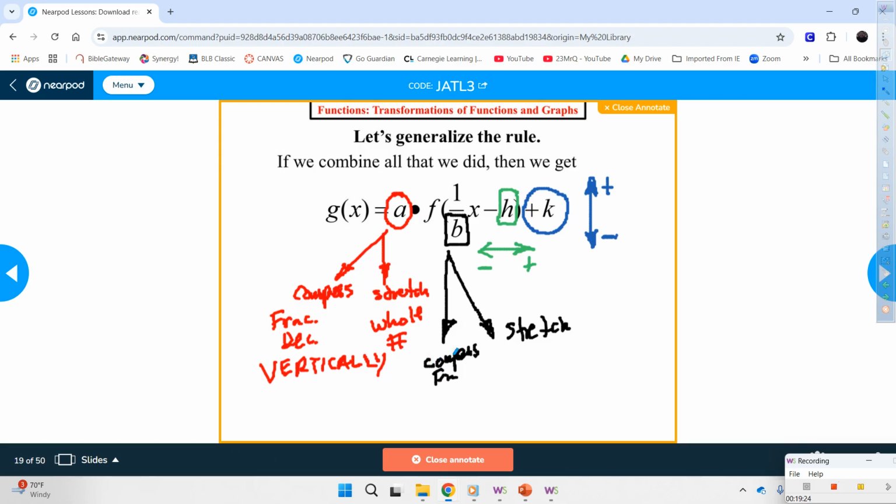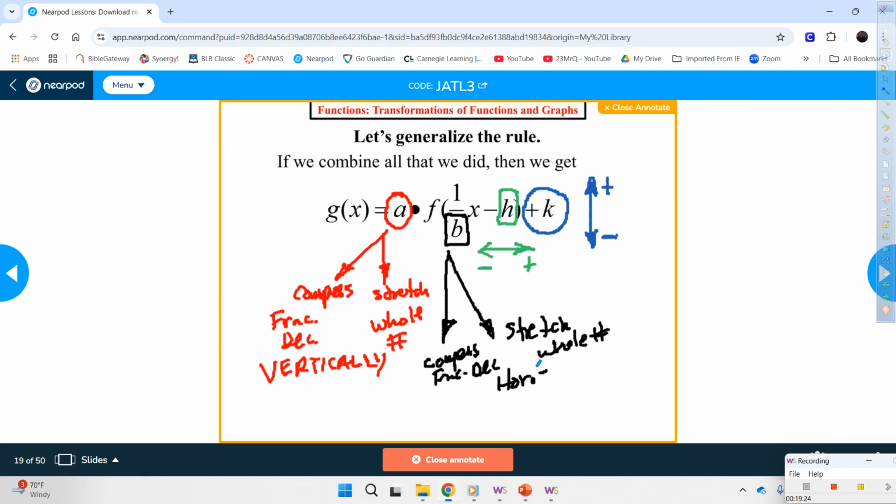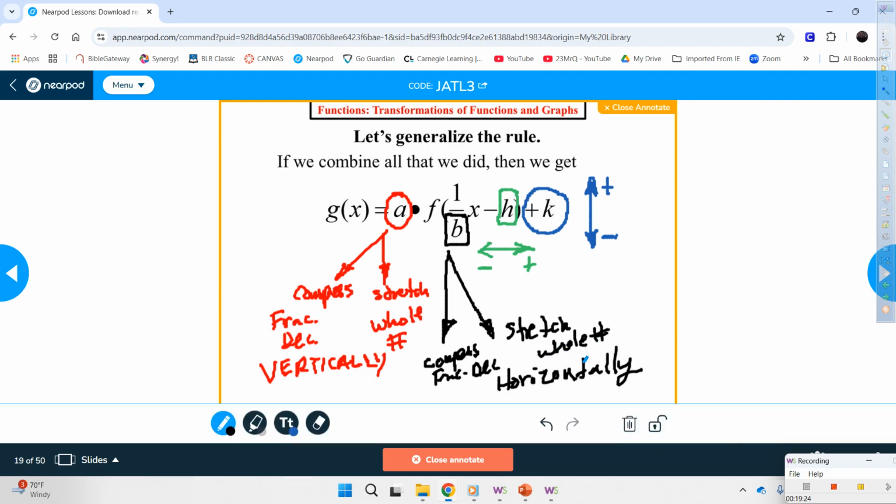Compress if it's a fraction or decimal. Stretch if it's a what? Whole number. However, in which direction, everyone? Horizontally. So now that means it's going sideways, it's stretching to the sides or compressing to the center. Ooh, so now we have all 4 different parameters. Pretty good, yeah?